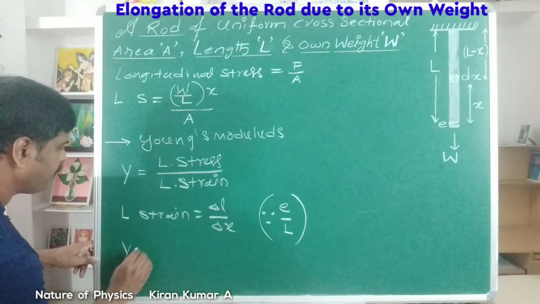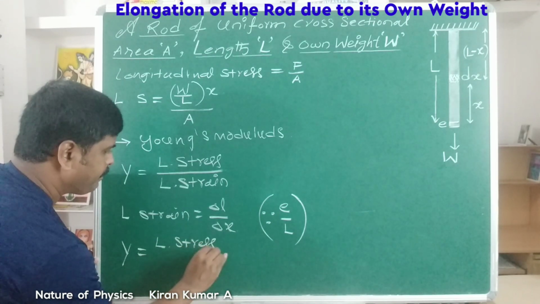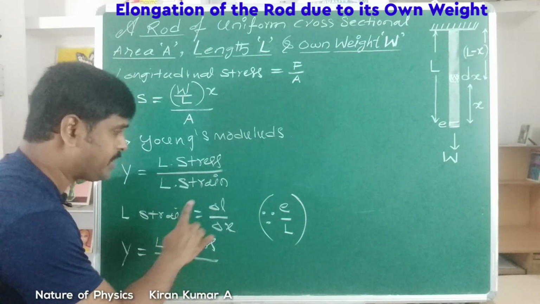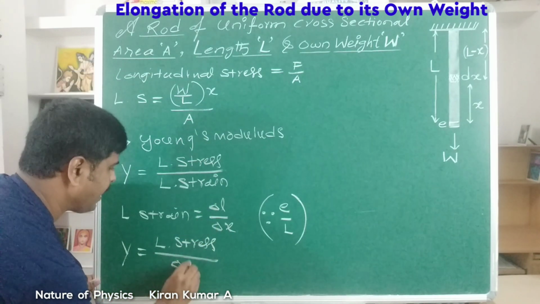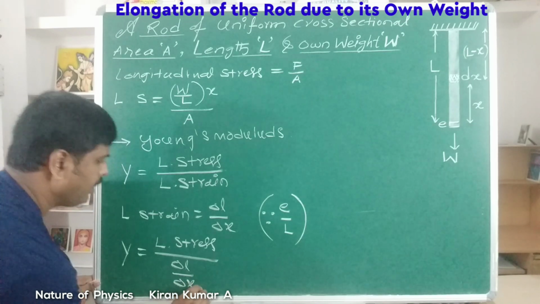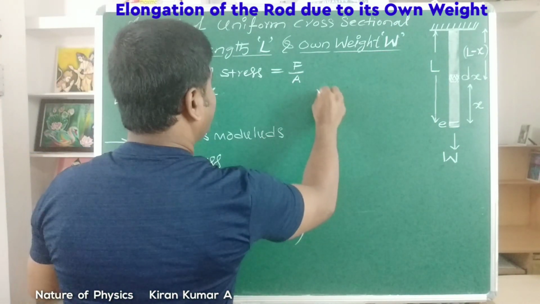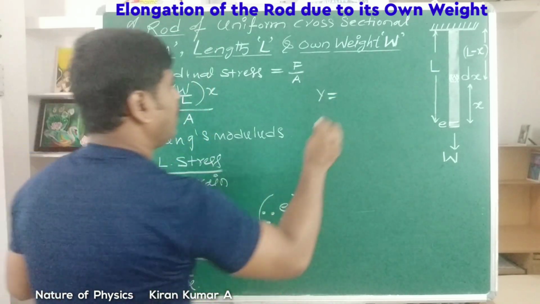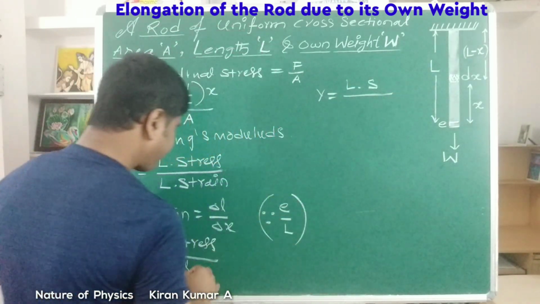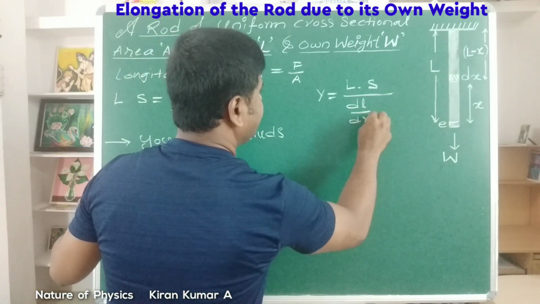So Y is equal to longitudinal stress divided by longitudinal strain, that is delta L divided by delta x. Rearranging this equation, Y is equal to longitudinal stress divided by dl over dx.